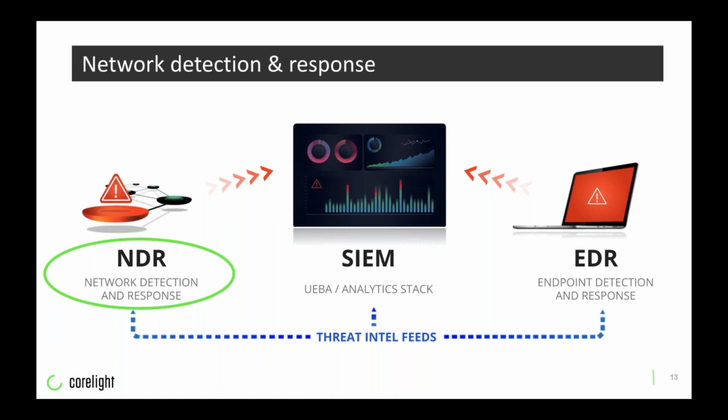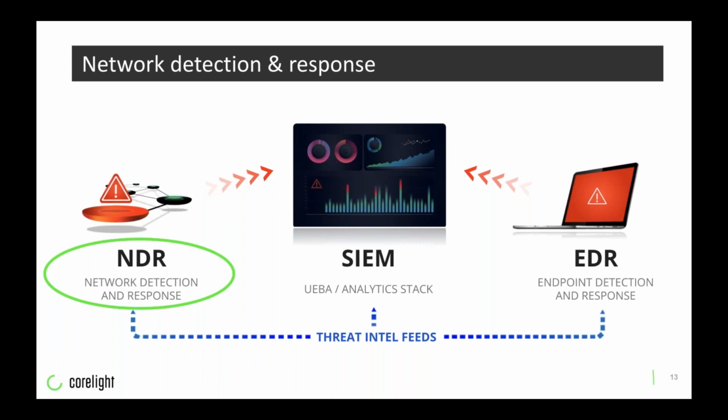But NDR, the holistic monitoring of all of your network traffic, grabbing visibility at all points where possible, and then analyzing that at a comprehensive, holistic level to make inferences and insight and generate evidence about what's actually happening on the wire, that's NDR. And it's a natural complement to EDR.